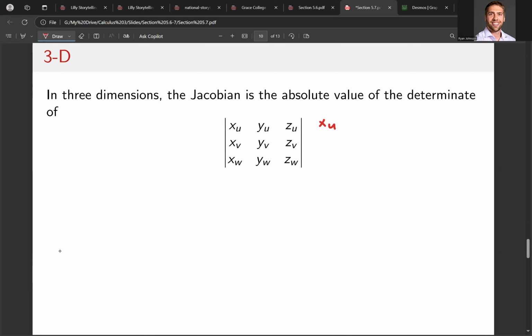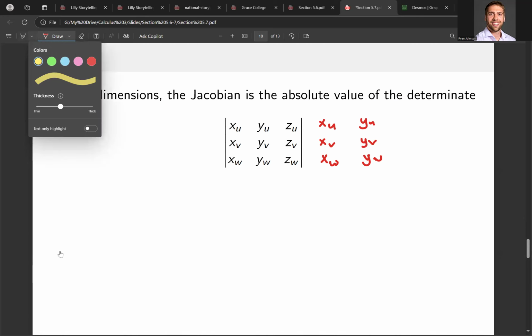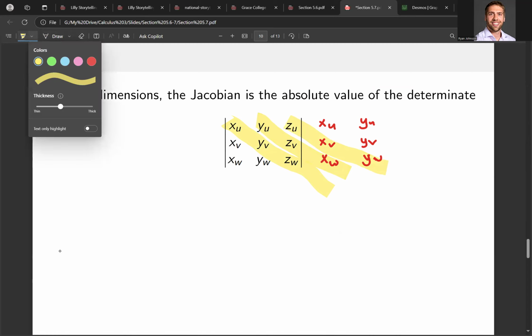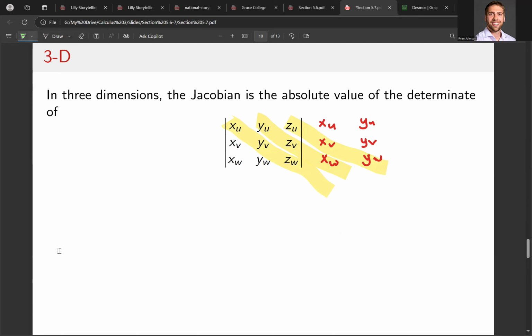You go x u, x v, x w, y u, y v, y w, and then you just do like this row times that row times that row, and then minus the other rows. You guys remember doing that?